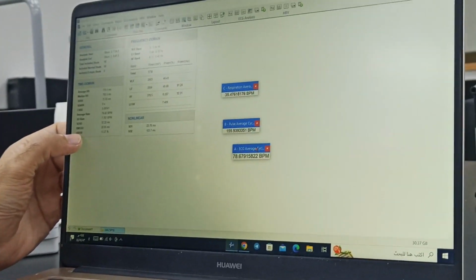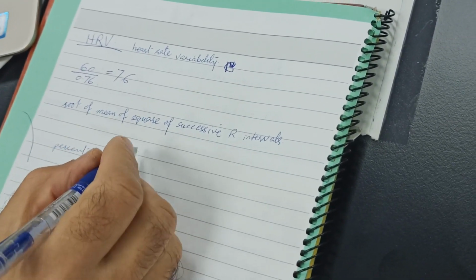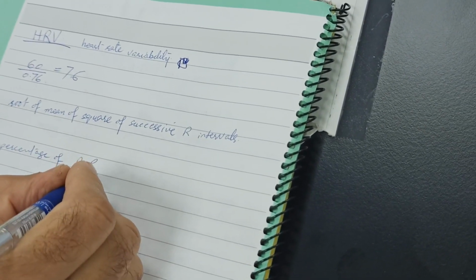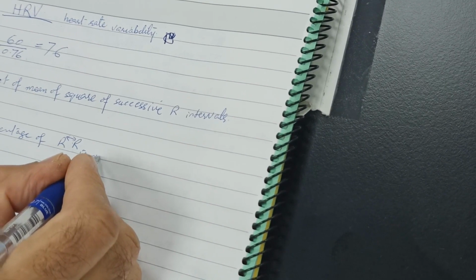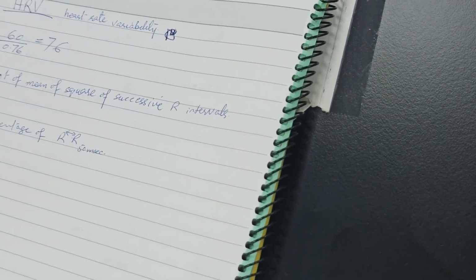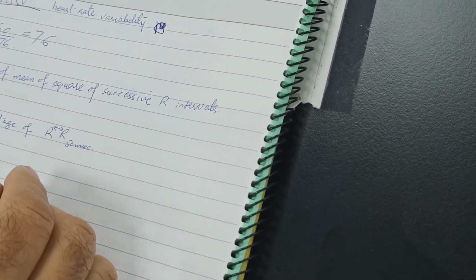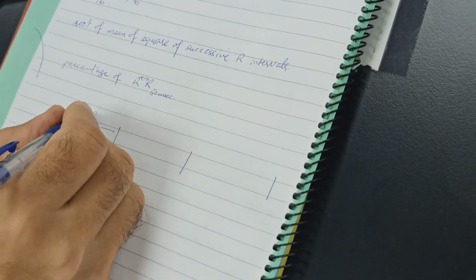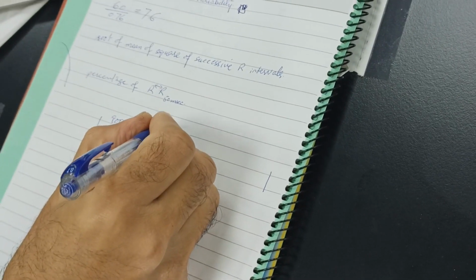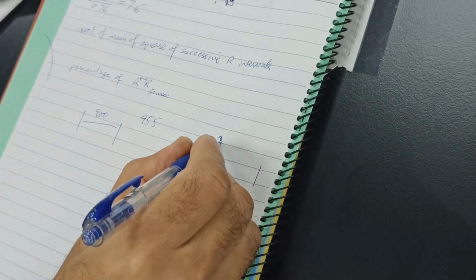Then this PRR50 means the percentage of RR intervals having at least 50 milliseconds more as compared to their previous or subsequent beat. So we have an R wave, another R wave, another R wave. This one is 900, this one is 955, this one is say 1020.